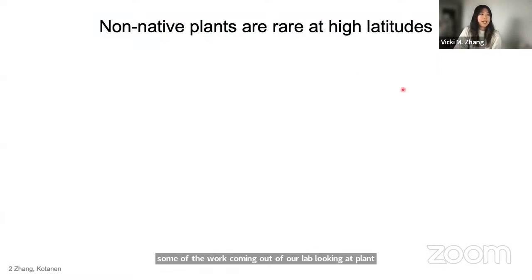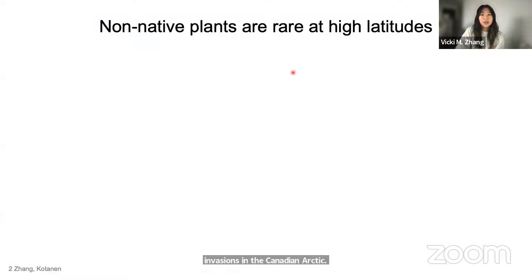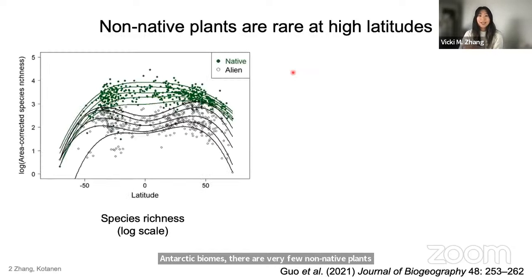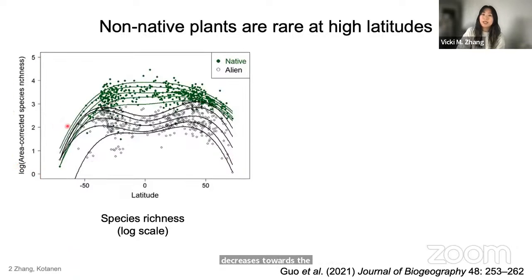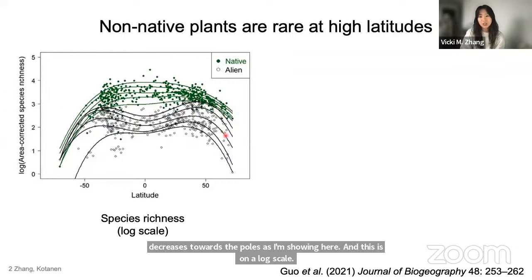So I'm going to situate us first and talk about the fact that at high latitudes, such as in the Arctic and Antarctic biomes, there are very few non-native plants. A recent review looking at latitudinal patterns of species distributions found that the species richness of non-native species decreases towards the poles, as I'm showing here, and this is on a log scale, so every unit is a tenfold decrease.